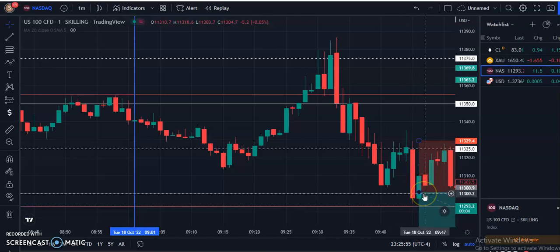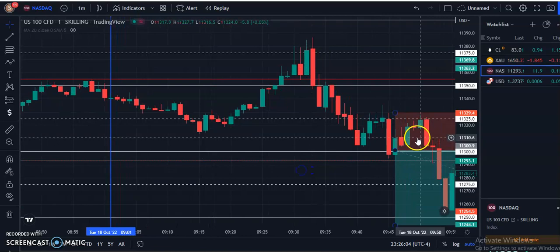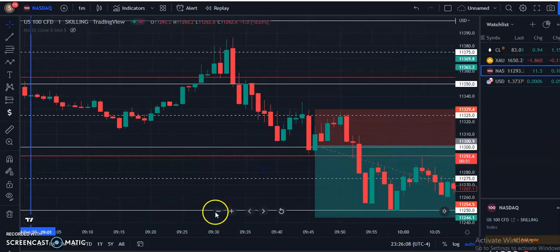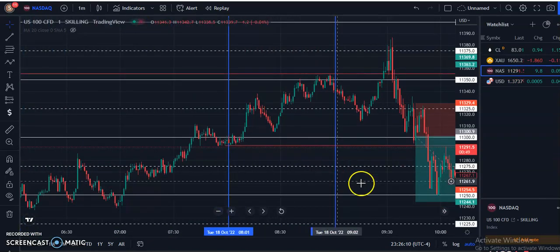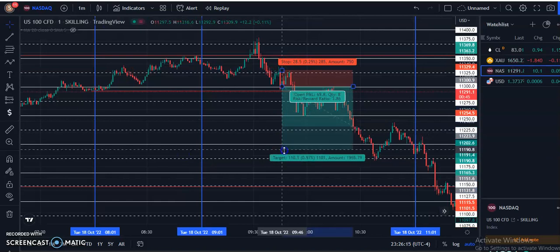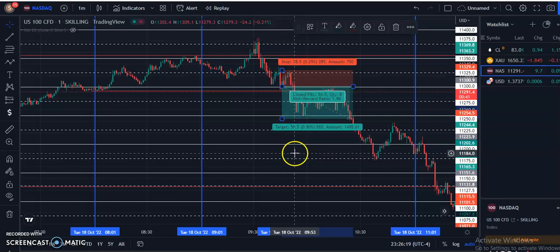Or if you're like me, yesterday I had a bigger stop loss, around 32 pips. But yeah, it was a nice trade. It gave people around 100 pips, but I was satisfied with my 50 pips.